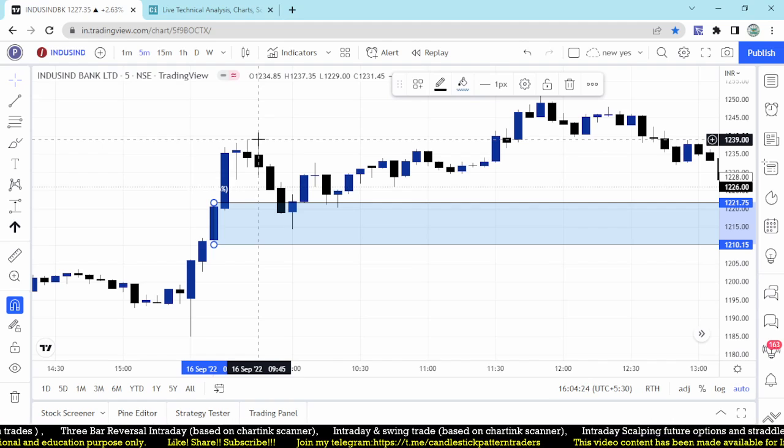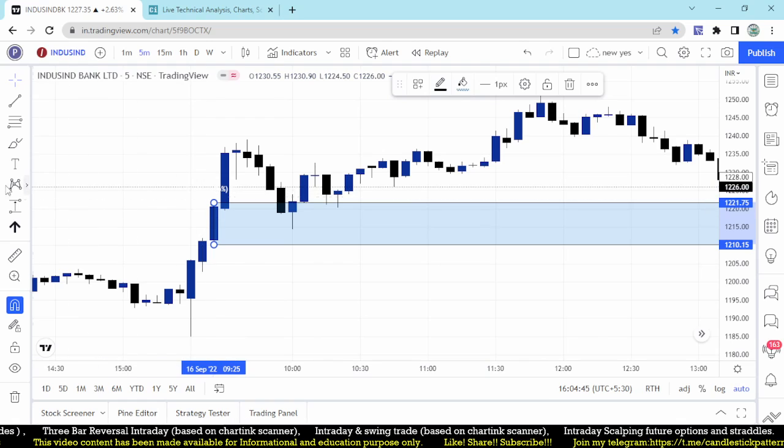So what we are discussing here is how to make some quick profit by using the scalping scanner, based on the continuations in the trends. Hope you got it. Simply we got a target, and after that it went up to 1250, so near about 1250 is the top level where it is moving towards.